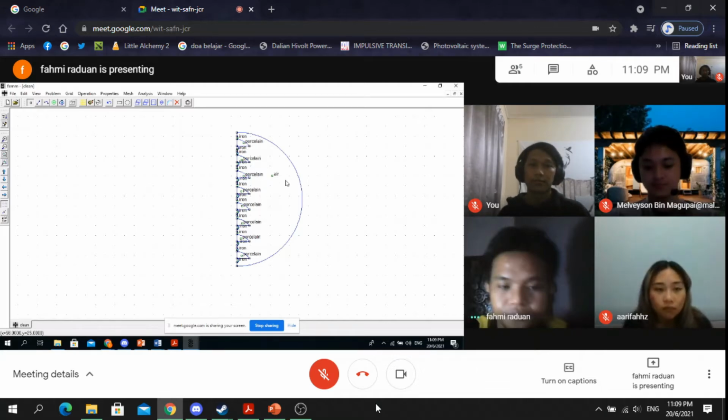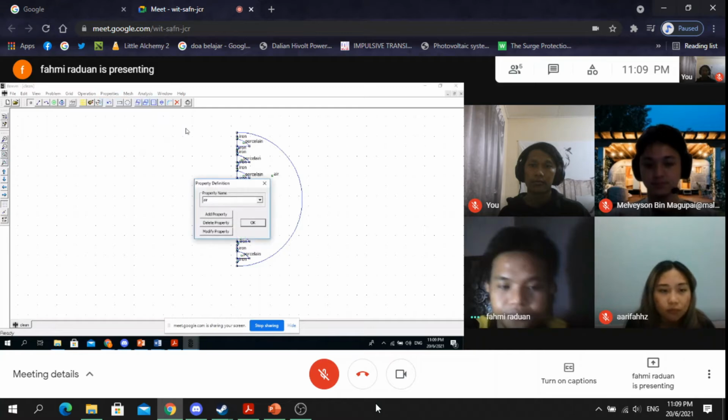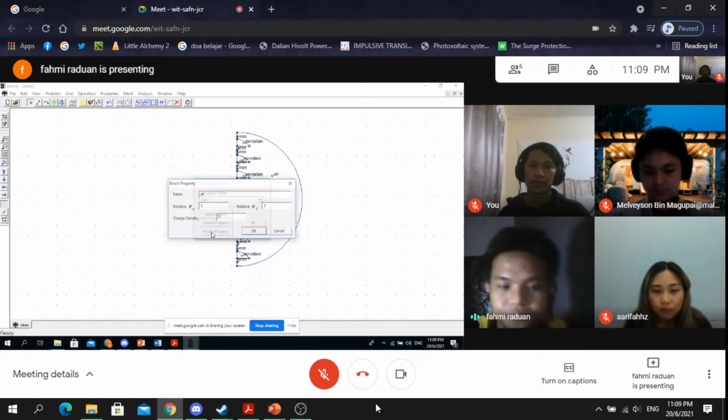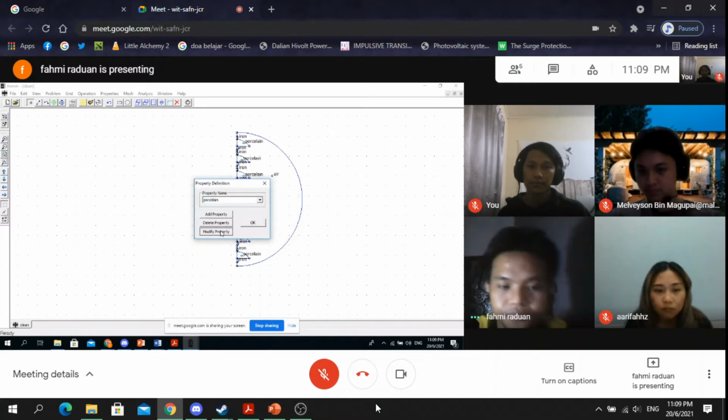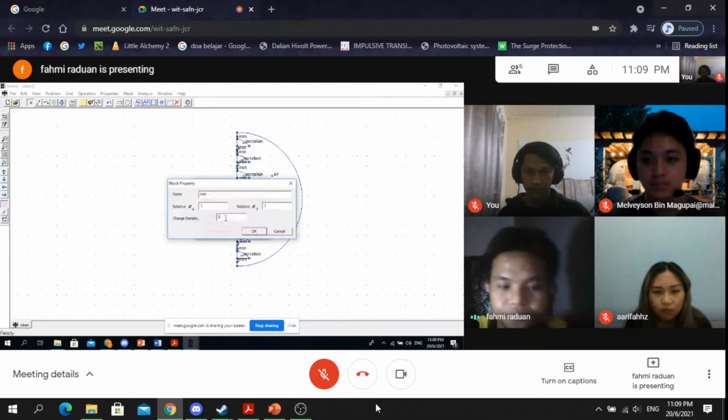So for each material, we have to put the relative value. For air, we put it as 1. For porcelain, we put 6. And for iron, we put it as 1.